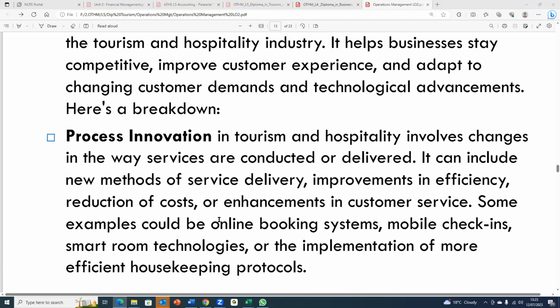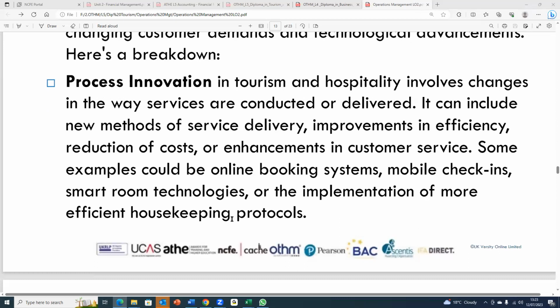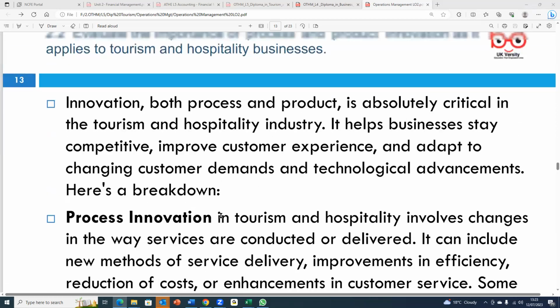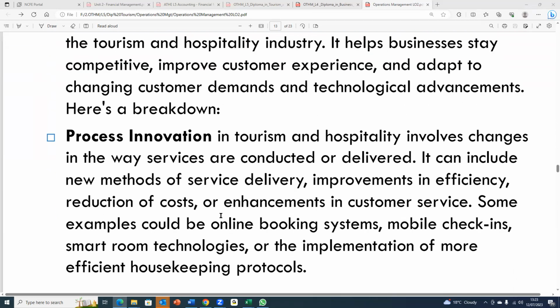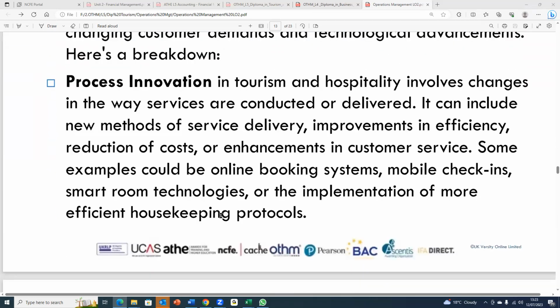For example, if you're using an online booking system, how you can make it better, quicker, and making sure that it never breaks down, or that the system allows guests to use mobile check-in or room booking technology. All these systems make sure that housekeeping and other protocols run smoothly. So these are all processes, new methods of booking and new methods of conducting business.